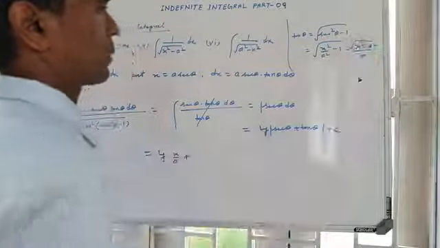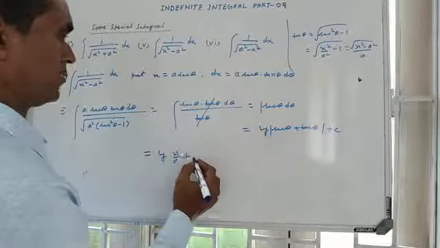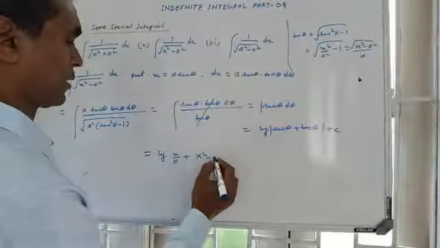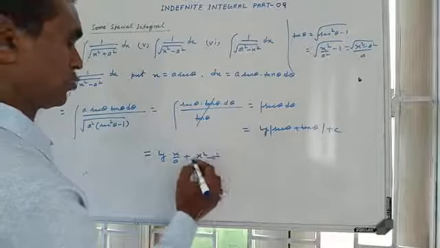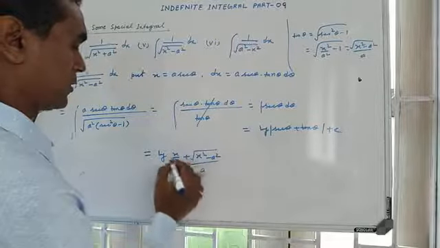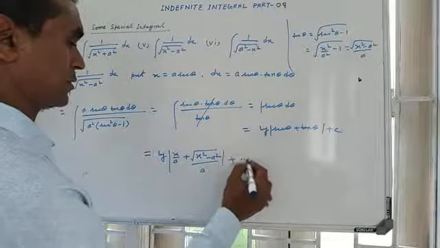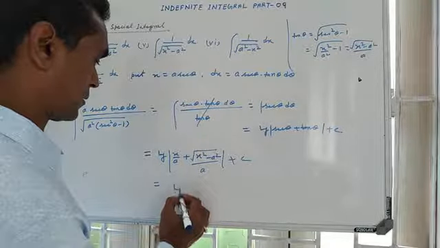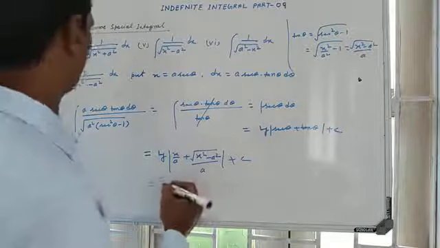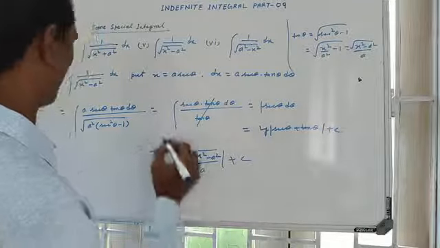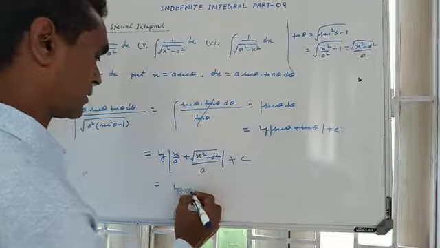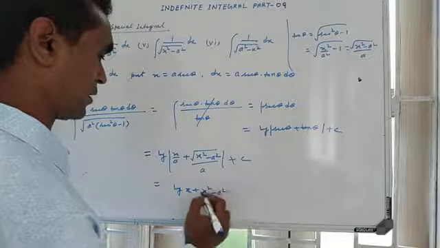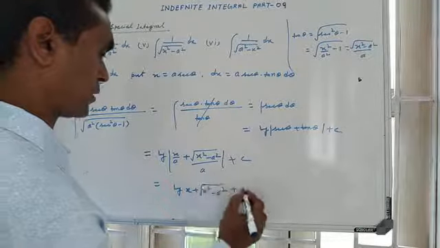So you put the value of tan theta, root of x square minus a square by a, plus c. If you simplify further in the similar way as I have done in the earlier formula, you will get this result: log of x plus root of x square minus a square, plus c.